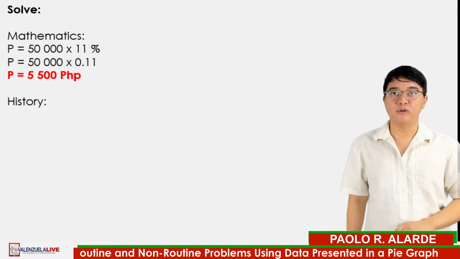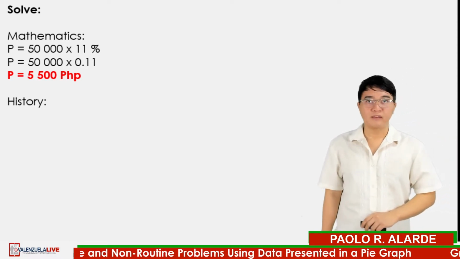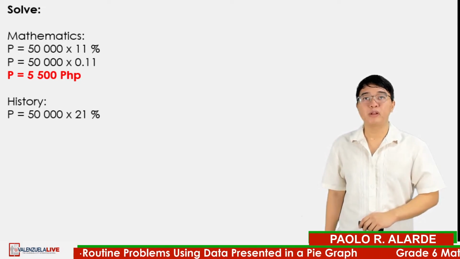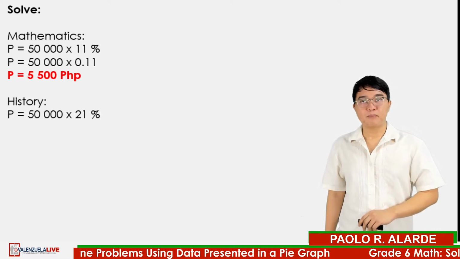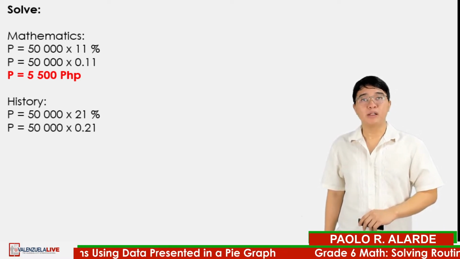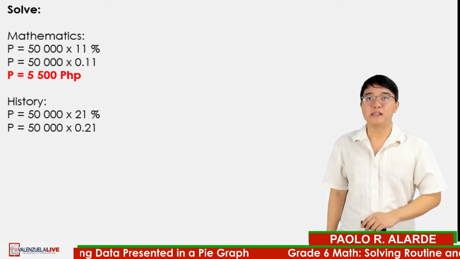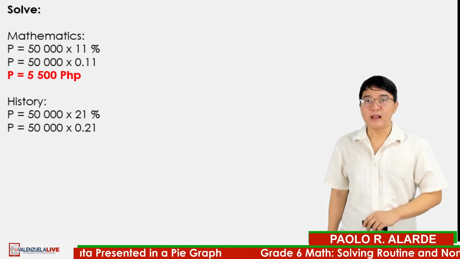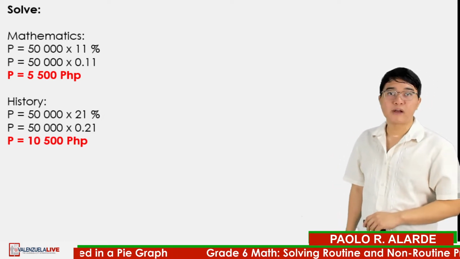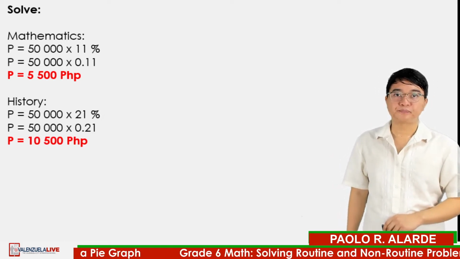For the history books, the number sentence is P equals 50,000 times 21%. Change 21% into decimal form. That is 0.21 or 21 hundredths. So 50,000 times 21 hundredths, that would be 10,500 pesos.